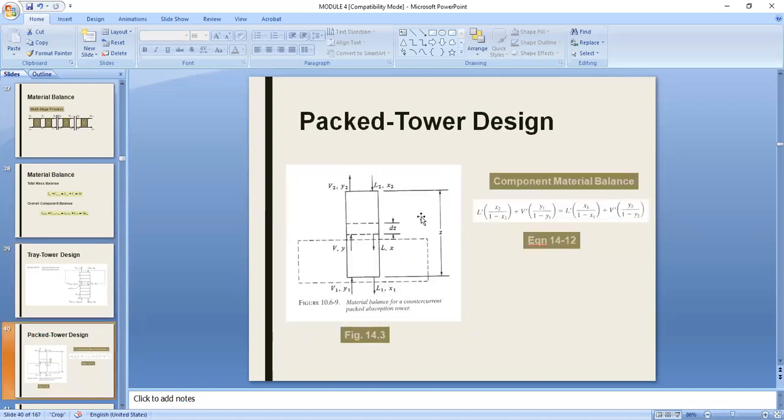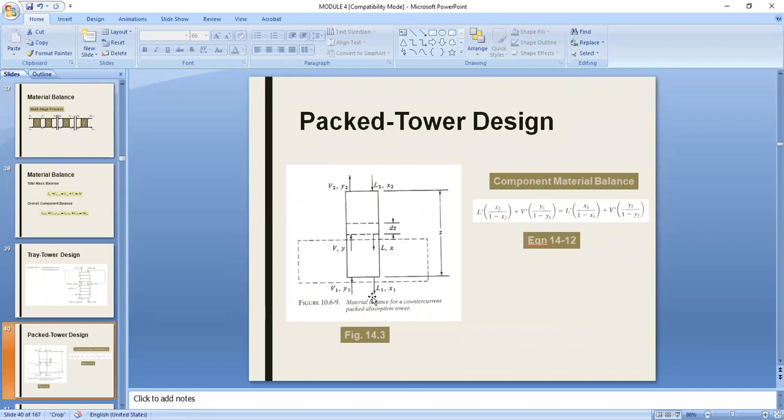By the way, sorry, I took this from John Cook's also, but this time he used the representation of McCabe. So John Cook's also uses the equation of McCabe, especially if he intends to use the component material balance utilizing the L primes and the V primes, so that he will only have to take note of two subscripts in the X and Y, that is, only 1 and 2.